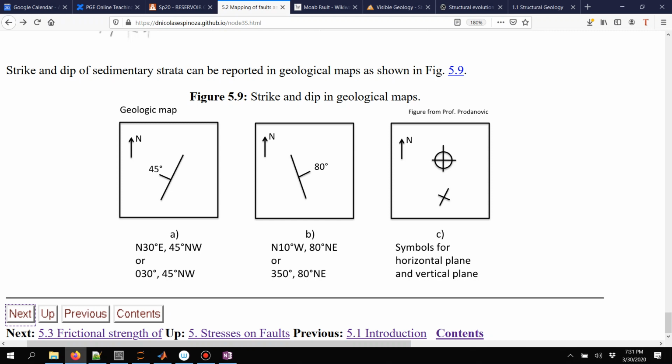So we just use this symbol. For a vertical plane, there is a strike. The strike is the direction of the longest line. And perpendicular to that, we'll just draw a line going on both sides, meaning that that's a vertical plane.